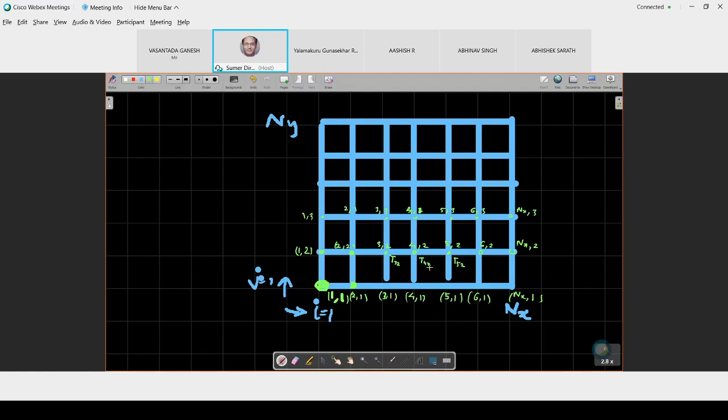For any ij combination, at this point T is T43, and at this point T is T41. So you see, at this point T43 is there, along with T42, T32, T52 and T41.